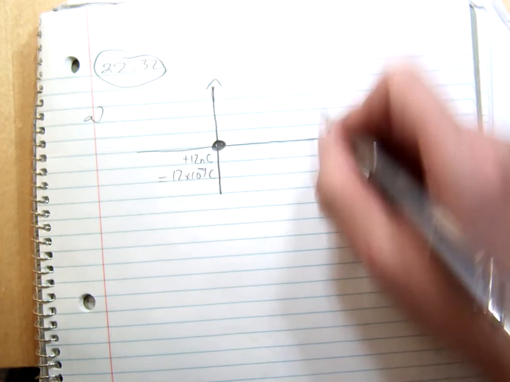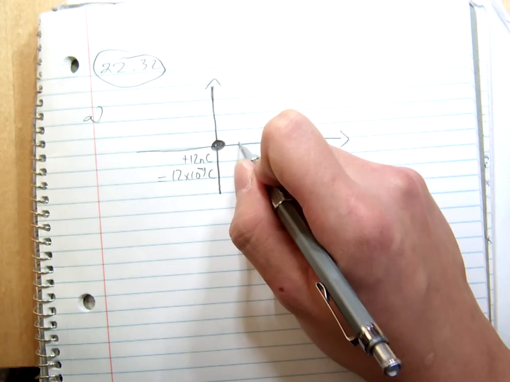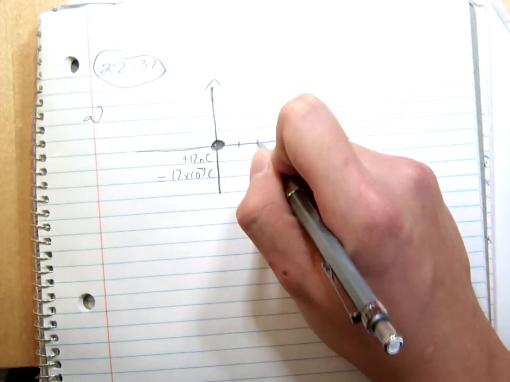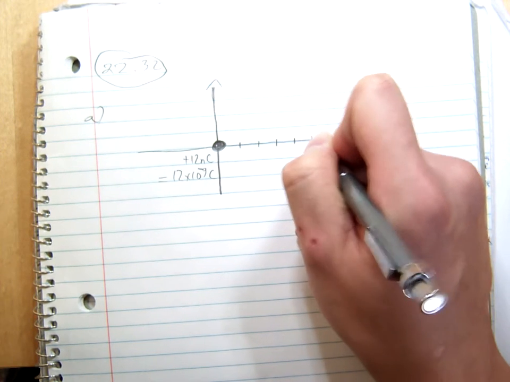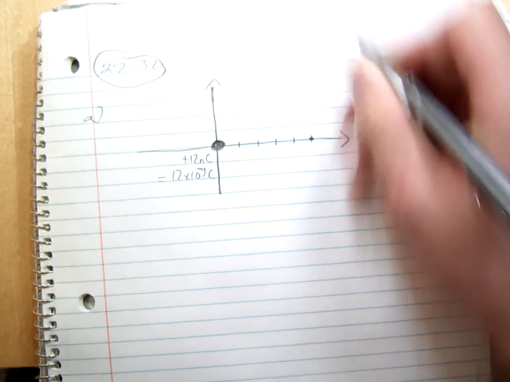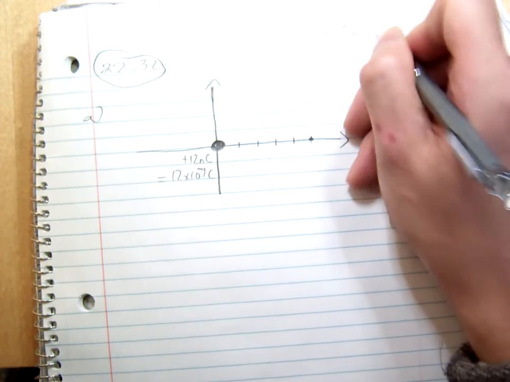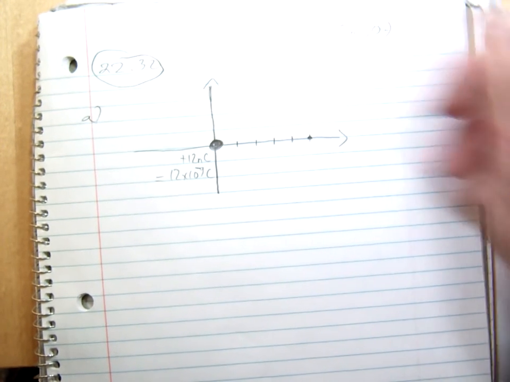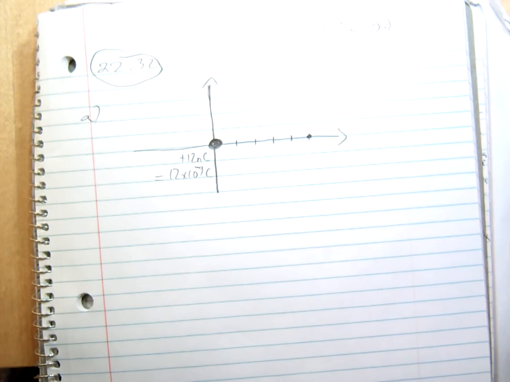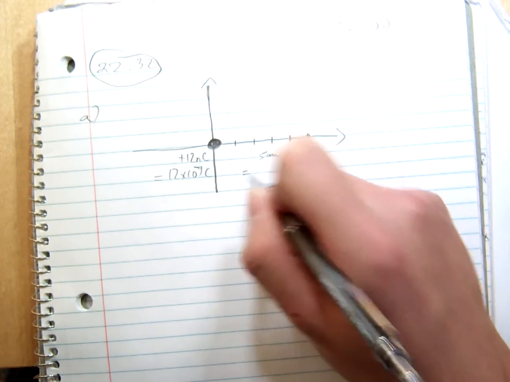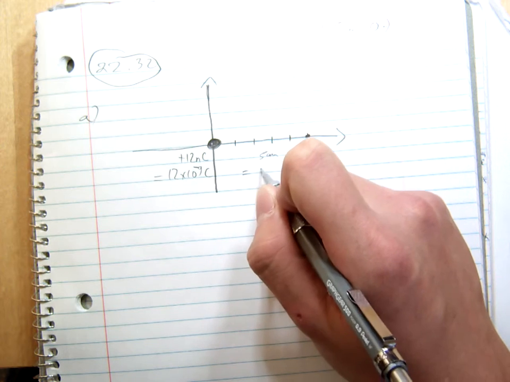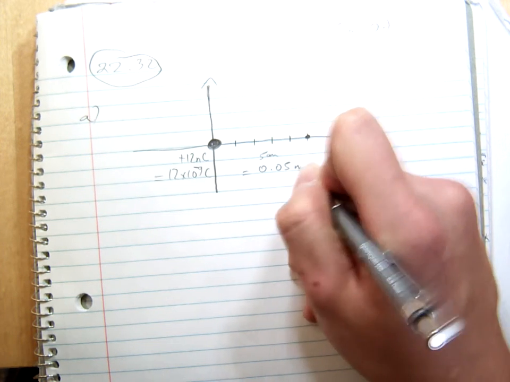And put a point 5 centimeters away. 1, 2, 3, 4, 5. So 5 centimeters and 0 centimeters right here. Converting 5 centimeters gives 0.05 meters.